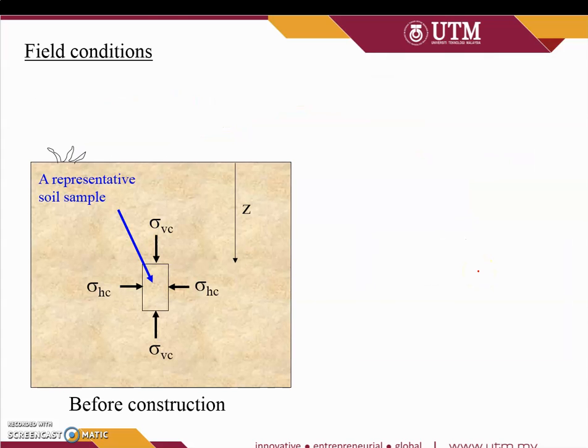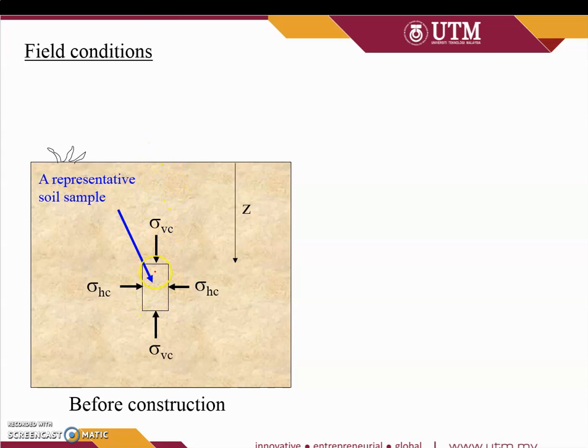Let's see a few scenarios. We have a soil sample at a certain depth that we want to check the shear strength of. It is usually retrieved from the borehole. We excavate using a bore and record the bore sample.